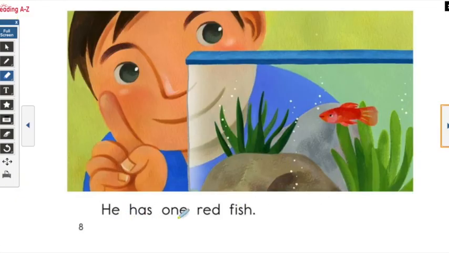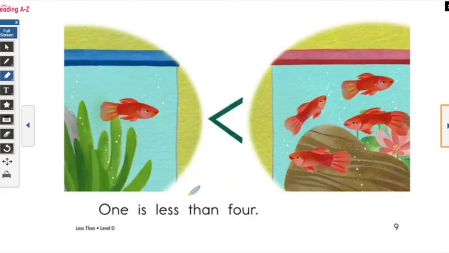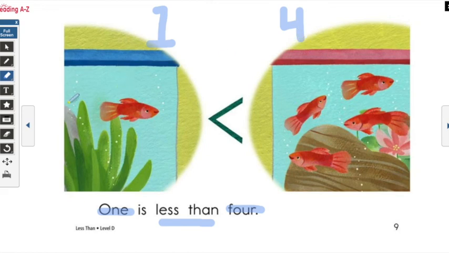He has 1 red fish. 1 red fish. 1 is less than 4. 1 is less than 1, 2, 3, 4. There are less red fish over here than there are over here.